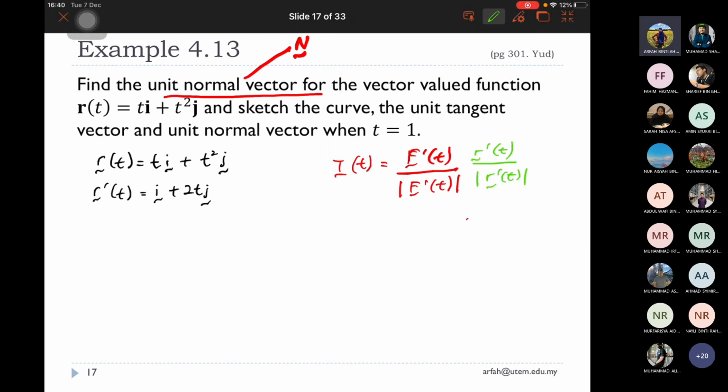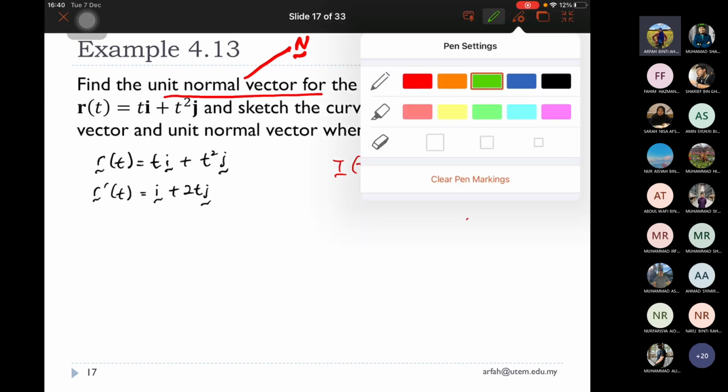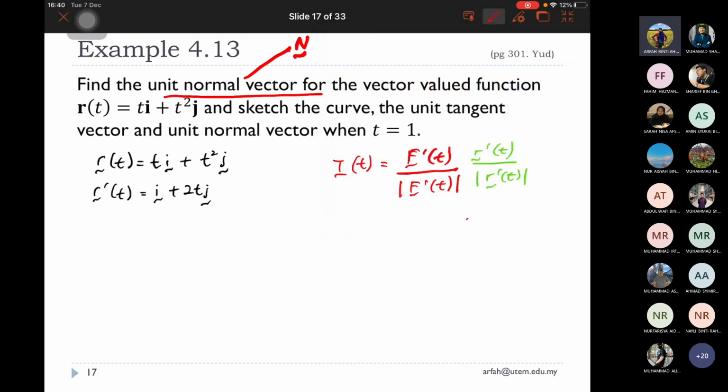Okay, so from here, sketch the curve and then dapatkan when t equal to 1. So r prime t sama dengan i tambah 2t j. Then dapatkan dia punya Euclidean length. Dan nak dapatkan unit normal vector, dia akan sama dengan T prime t divided by Euclidean length of vector T prime t.